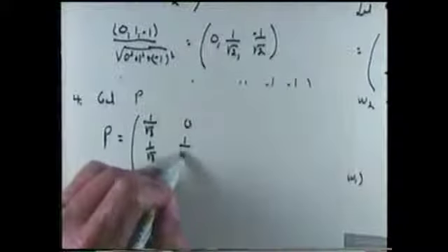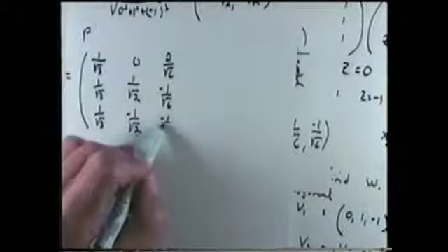And now the second column would be the one we created from the (0, 1, -1), making it unit length. So it would be (0, 1 over the square root of 2, -1 over the square root of 2).